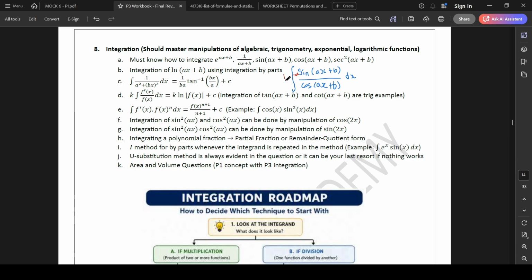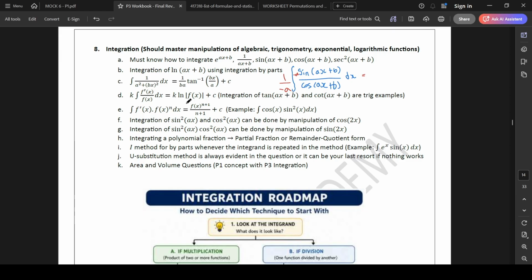I also need to divide by minus a. Now it's in the format of what you see over here. The derivative of cos of ax plus b will become minus a sine of ax plus b, but along with that you also have the k outside, that is 1 over minus a. This was the manipulation that I was talking about, that you might have to multiply or divide with some kind of number, and there you go. That's how you do it.